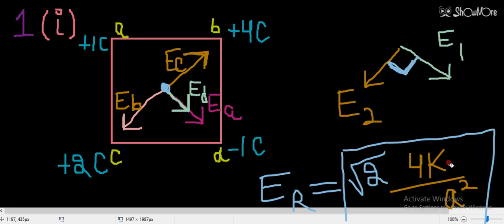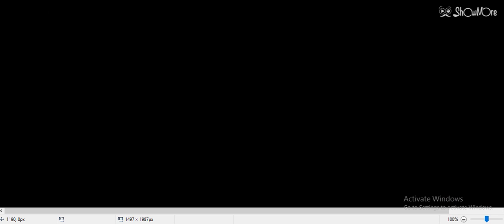Now see how to solve the second question, and what will be the magnitude for it. In the second part of the first question, take a square.